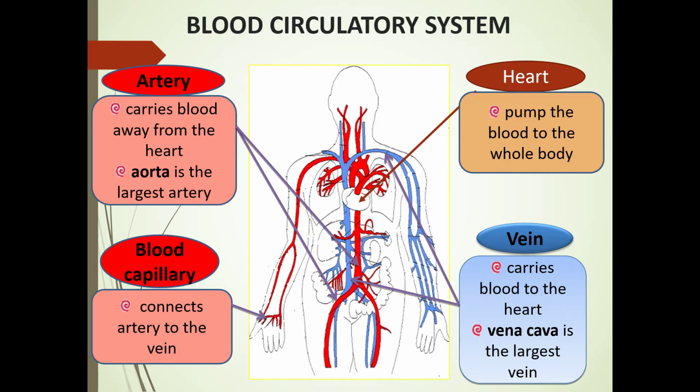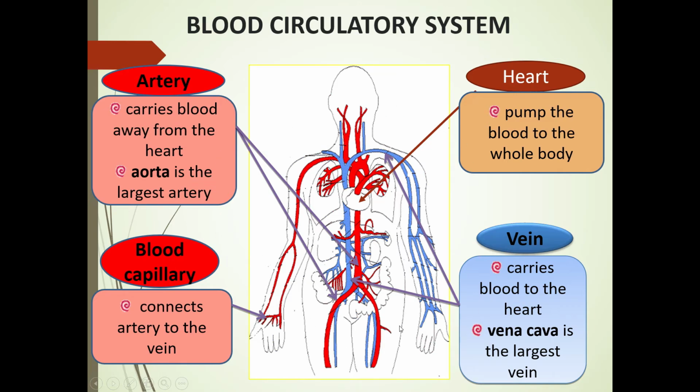It can pump the blood to the whole body. And this is a vein. It carries blood to the heart. You can see it's a blue color, meaning the deoxygenated blood. The vena cava is the largest vein, and this one is the aorta, the largest artery. The blood capillary connects the artery to the vein.